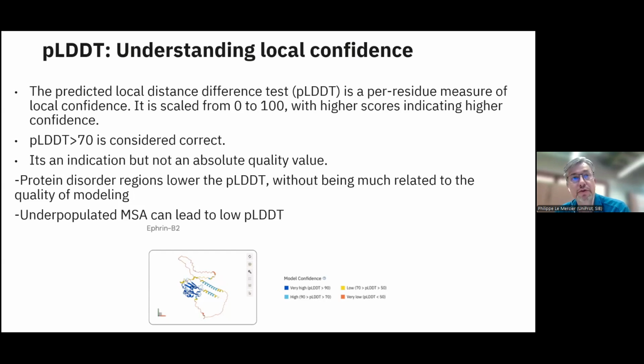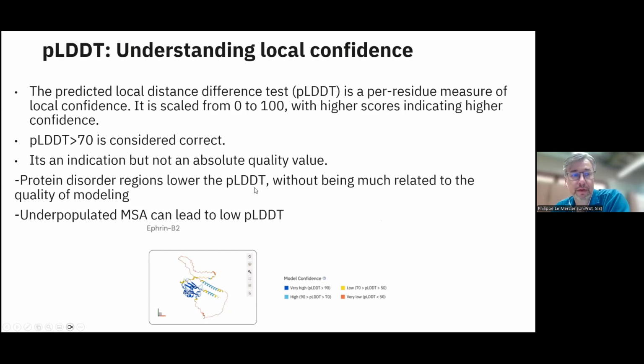And for example, the spike protein of coronavirus, many of those are crystallized with the receptor, bound to the receptor, which means that the disordered region in the RBD is ordered when bound to the receptor. So AlphaFold will be trained on something that is ordered, which is not ordered when the protein is alone. So there are a few biases like that, but it's not so bad actually, okay?